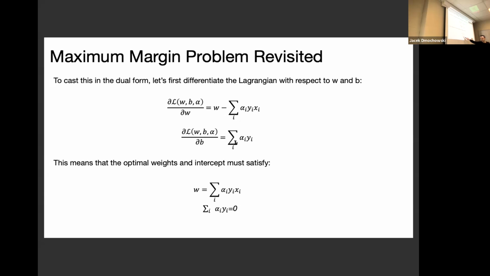I'll try to unpack this more on the next slide. What this is saying is that a lot of the alphas, a lot of the Lagrange multipliers, are going to be set to 0. The ones that are not set to 0 are called the support vectors. Here, I is a training example, and every training example gives you a constraint.